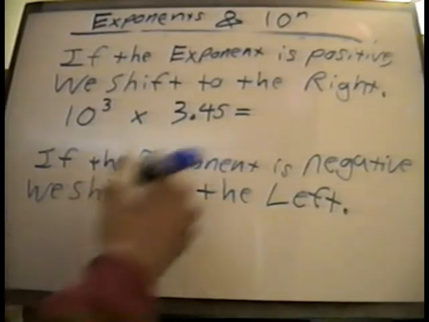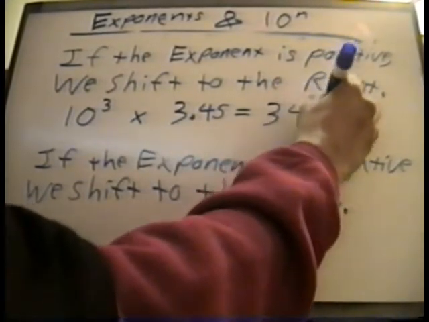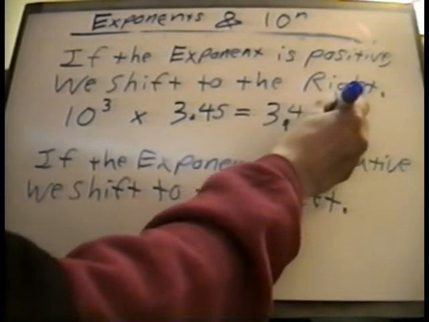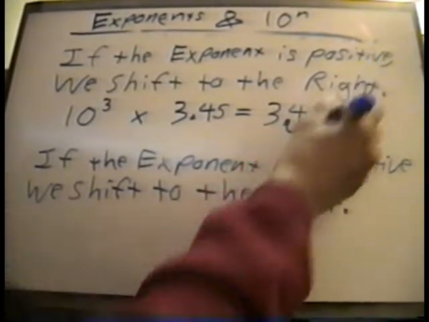So we start from where our decimal point is 1, 2, 3 times. And that gives us 3,450.